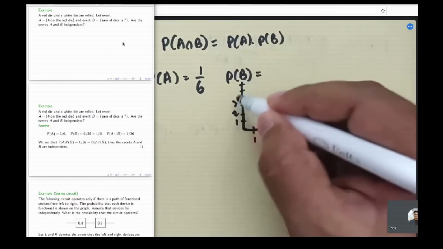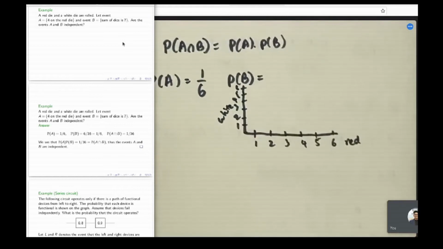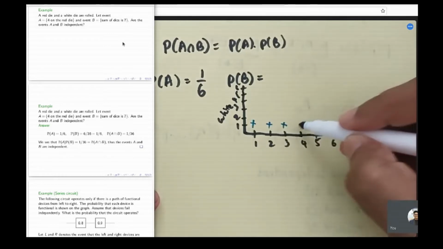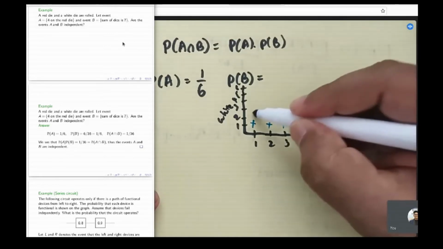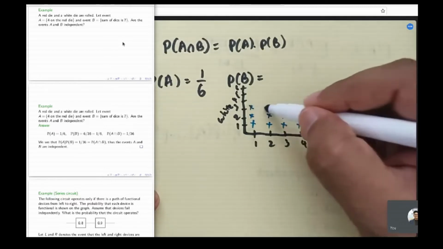So this is from the white die. Now, let me draw the sample space that you can get. So you can get 1, 1 from both ends, 1, 2, like this, and you can get this as well.